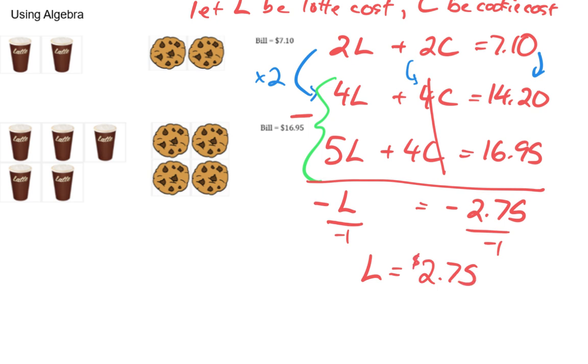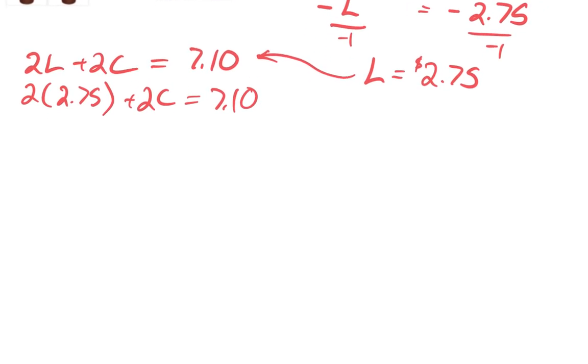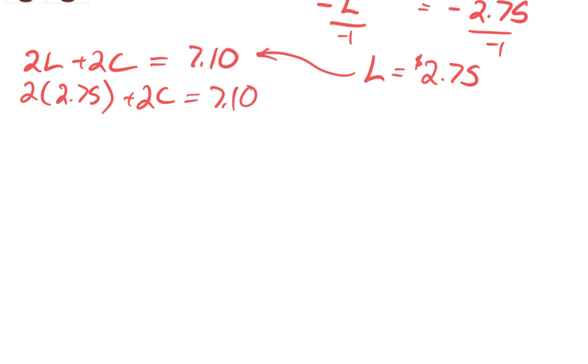Once we know that a latte is $2.75, let's go back to our first order. We know that 2L plus 2C, so 2 lattes and 2 cookies, is $7.10. Let's put in the price of 1 latte. Now we've got an equation that we can solve for C. We're going to start by multiplying the 2 times the 275 to get 550 plus 2C is 710.